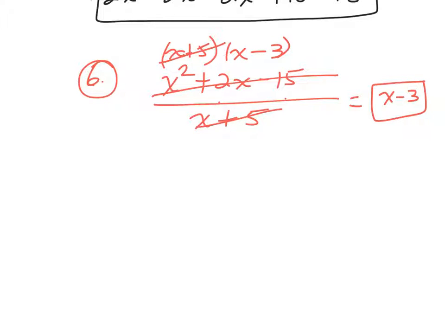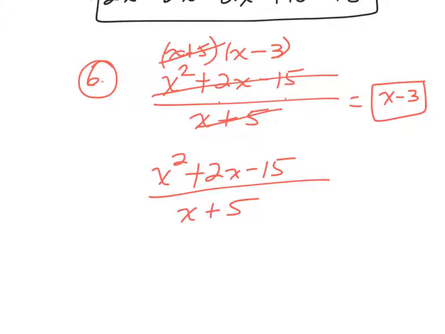So yes, on this particular problem, we could do it like we did in chapter 7. But you can't do all problems that are like this in that fashion because some problems, the numerator won't factor. And even if it does, you may not get anything to cancel.